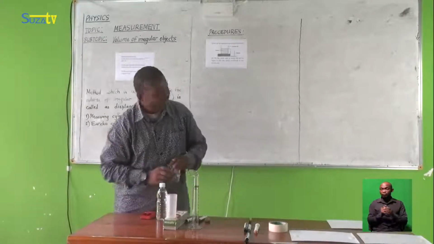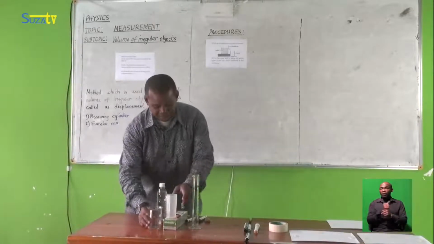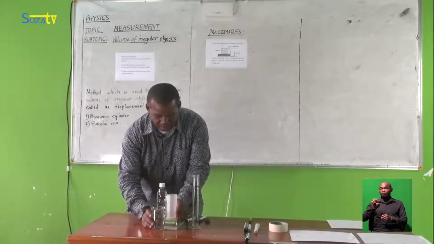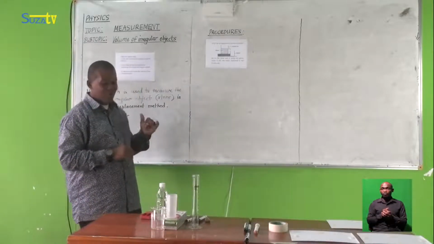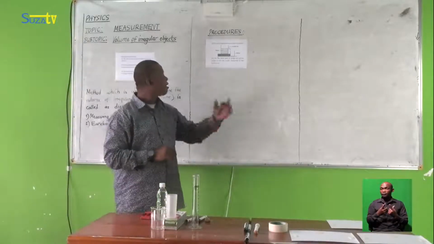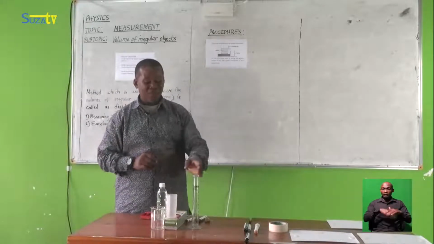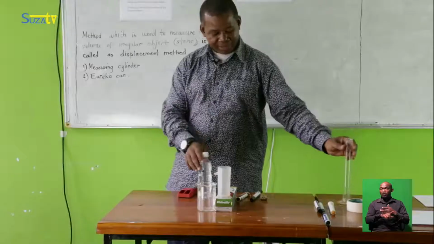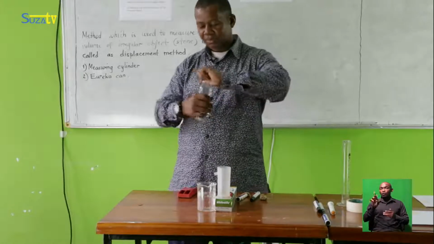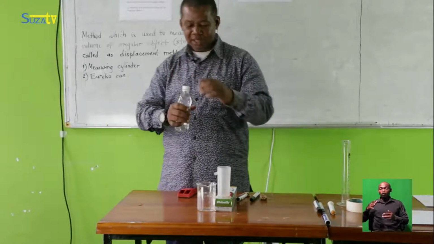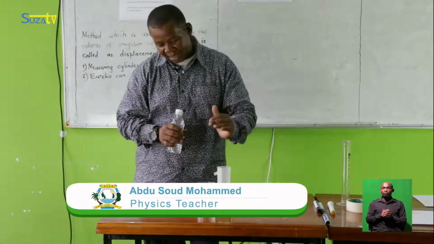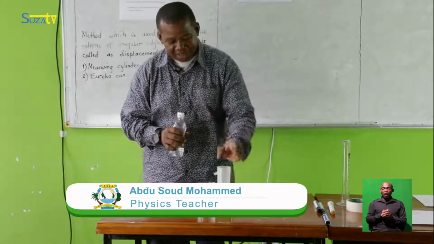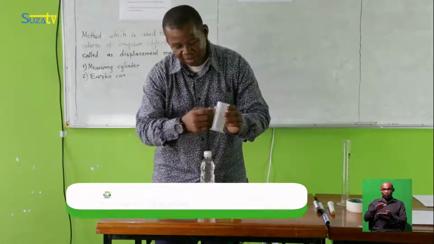After that we have the beaker, this one. Inside the Eureka can we have some water. Let us pour some water inside the Eureka can up to the level of the spout.